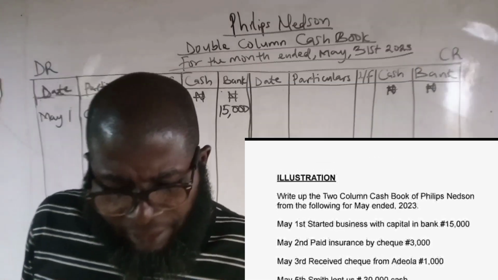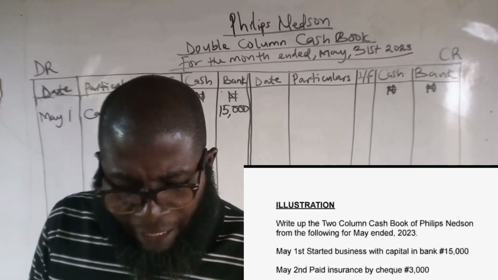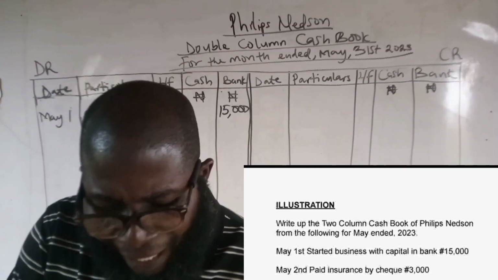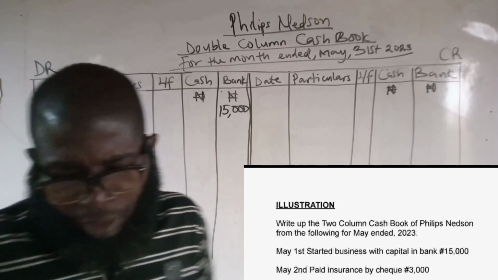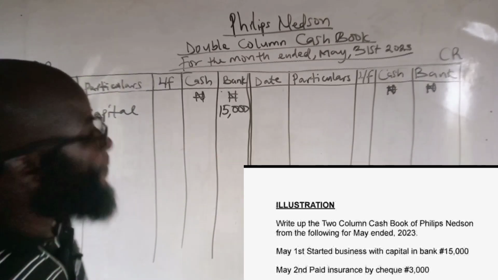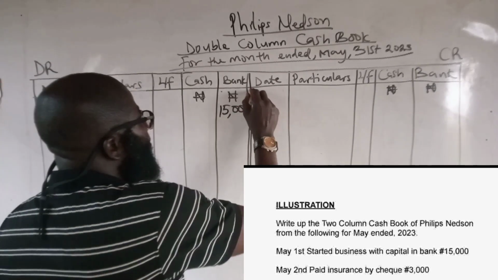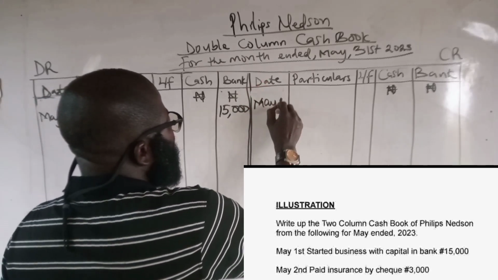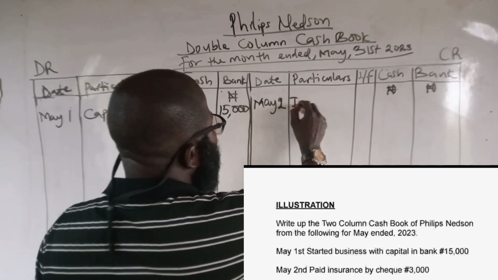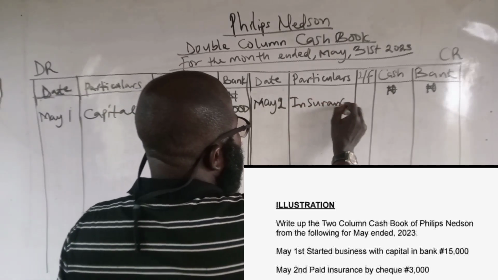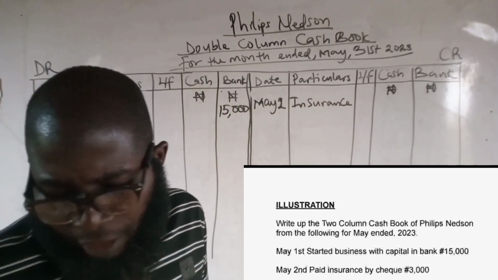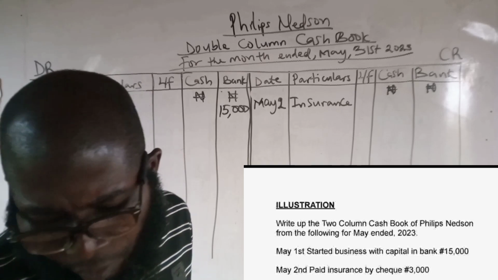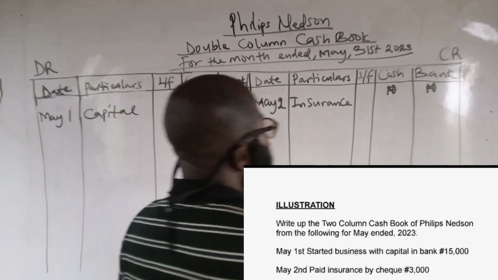Now, May 2nd, paid insurance by check, 3,000 naira. You come here, May 2nd, you write insurance, by check.